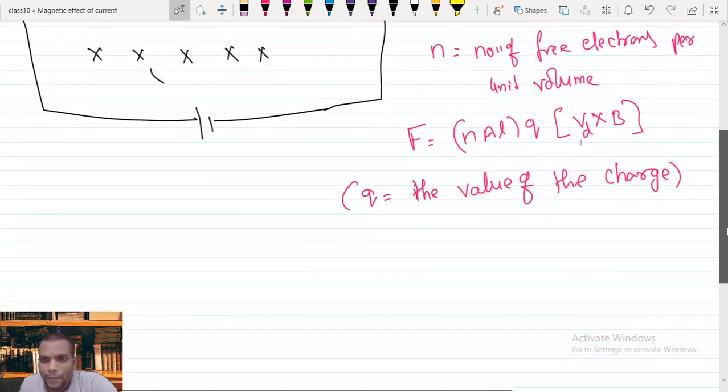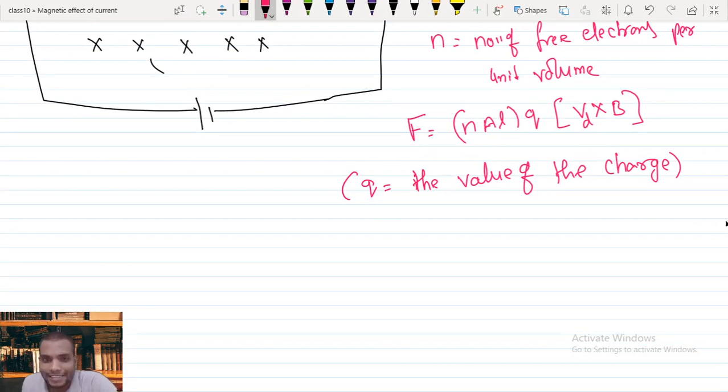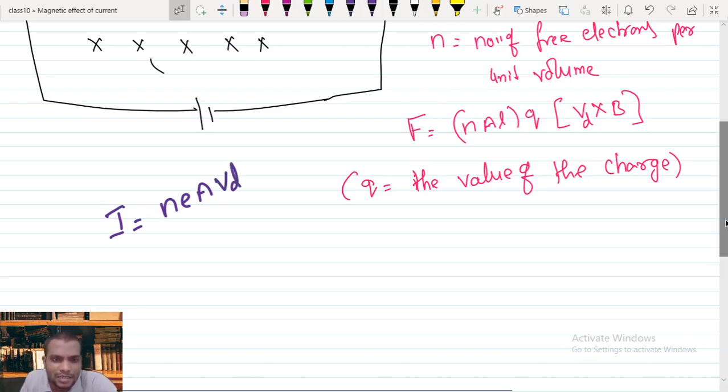Now I need some pre-knowledge: how we define current. If you remember from earlier chapters, current I equals n e A Vd. Here e is the charge of the electron.